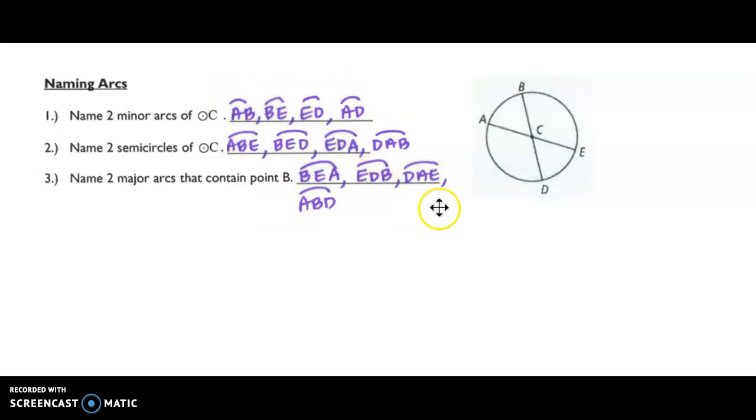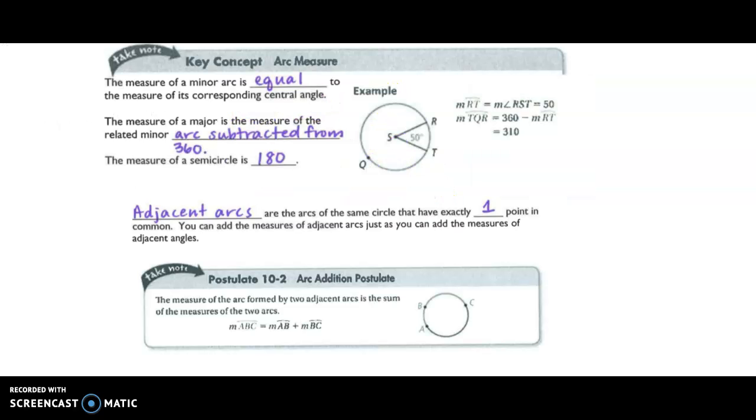Look this part over carefully, and please look over this page as well. We know a circle is 360 degrees. Therefore, a semicircle, half a circle, is 180. Adjacent arcs are arcs that are next to each other in the sense that they share a common point.